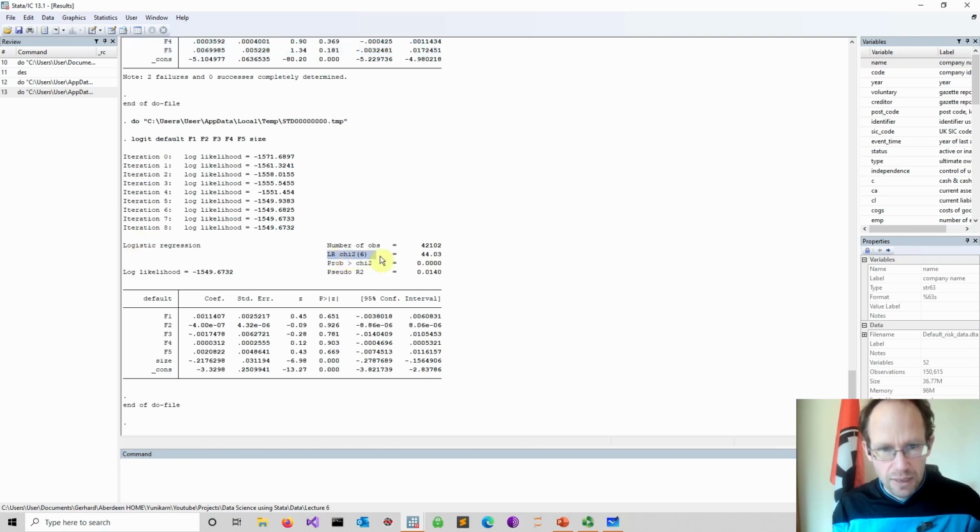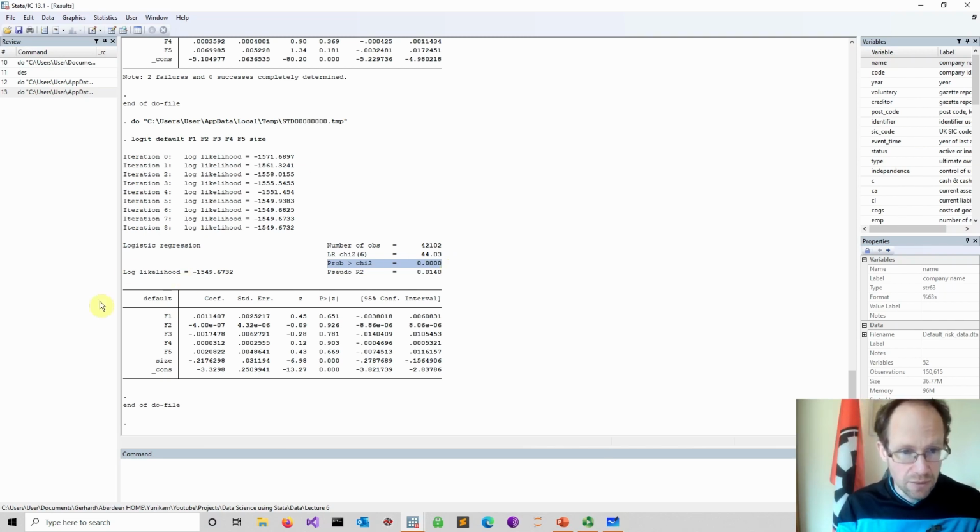You see very clearly that the model now as a whole has some predictive power. So you can clearly reject the null that none of these variables has predictive power with a high degree of certainty. So the p-value is clearly below 0.05.